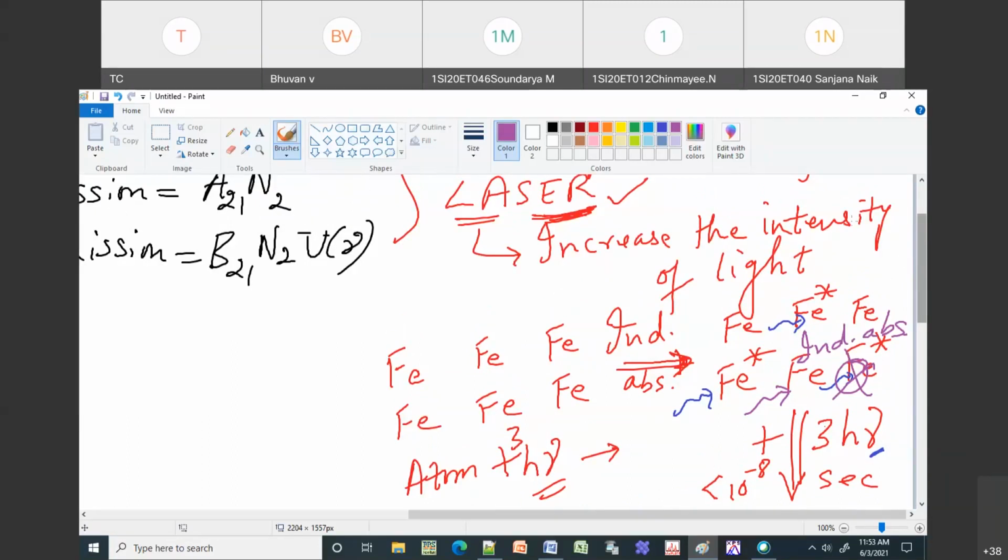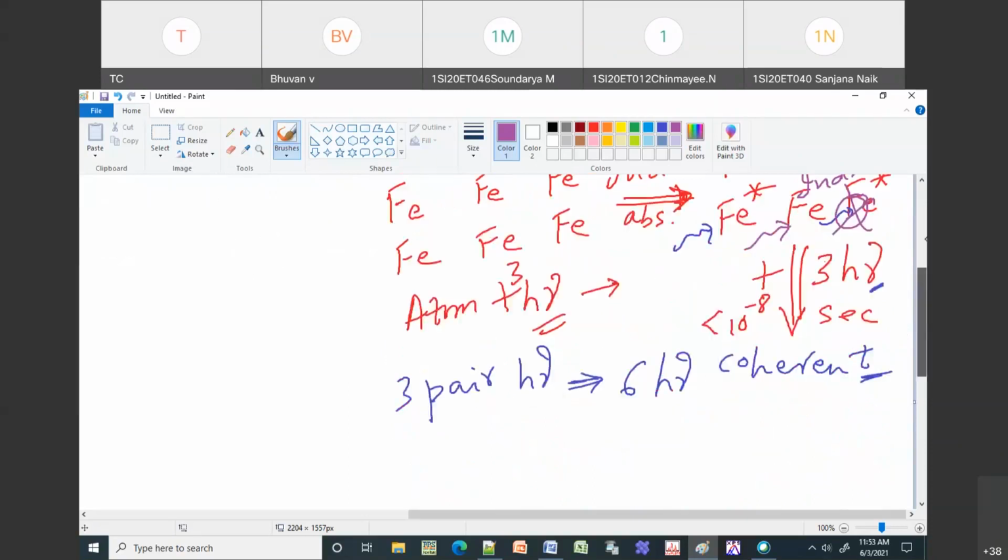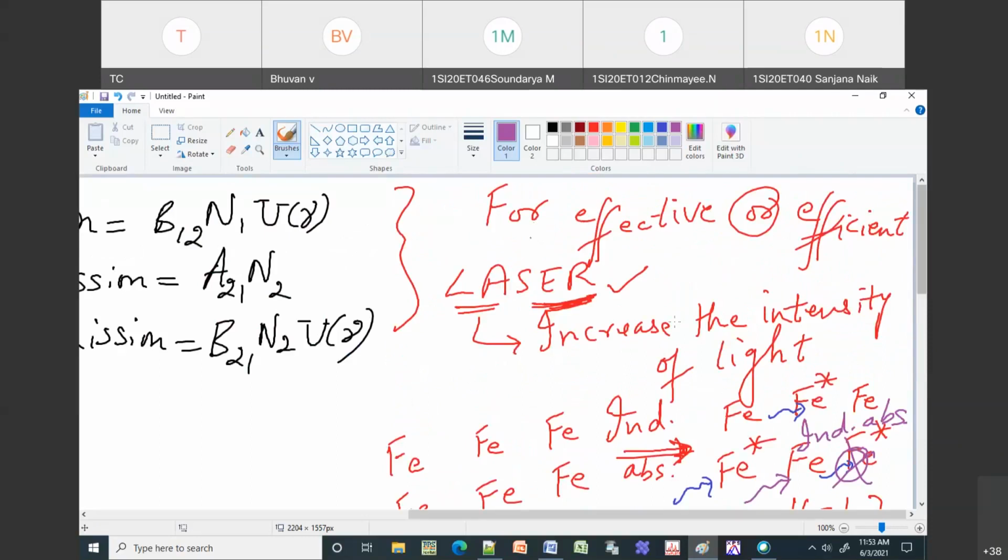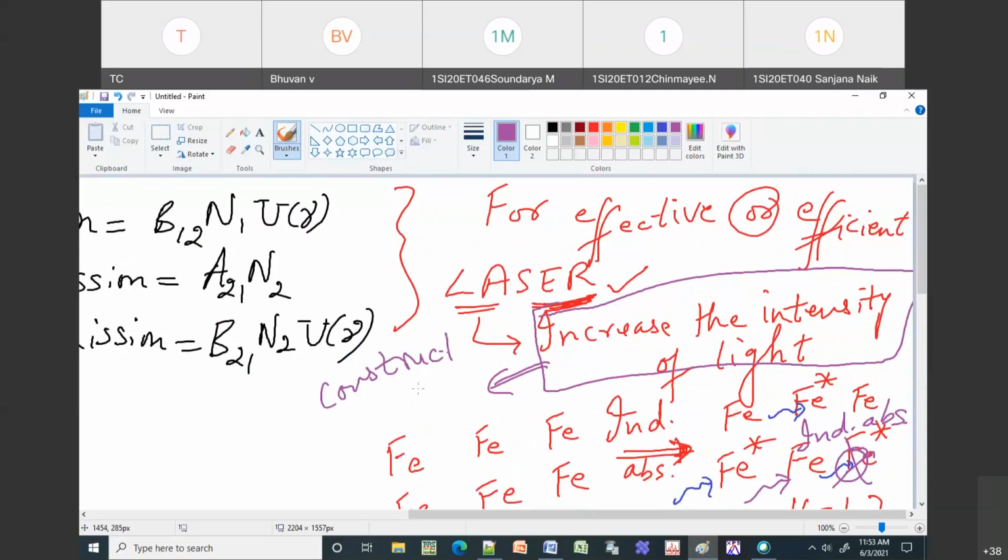Now if I want to have an efficient laser, you need to have an increase of the intensity of light. When do you get an increase of intensity of light? Only when you have constructive interference. Constructive interference means you need to have more coherent photons. If you have more coherent photons, then you can have more constructive interference.